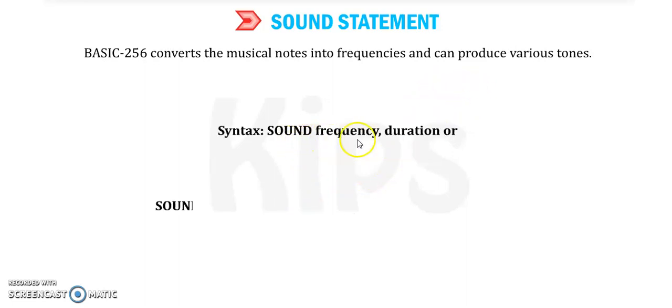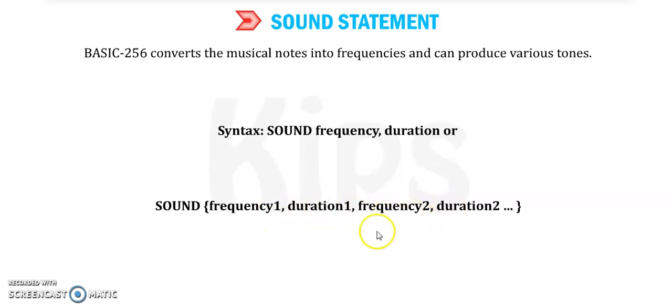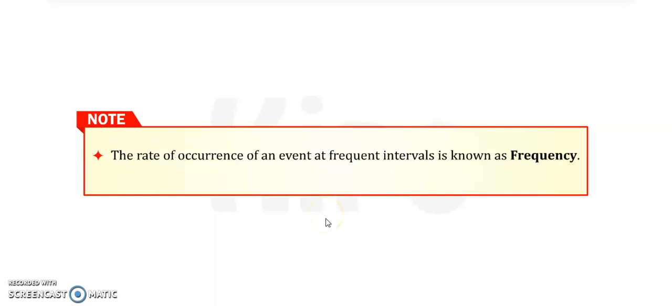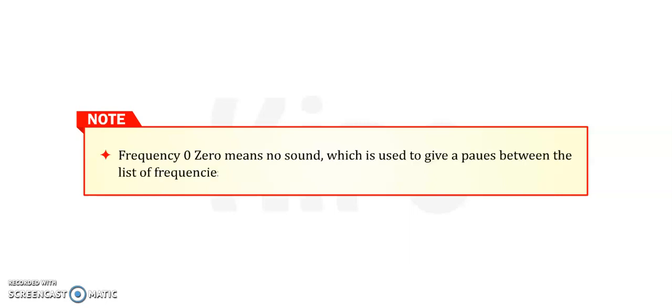The syntax is sound, then frequency, duration: frequency 1, duration 1, frequency 2, duration 2, like this. Another note for you: the rate of occurrence of an event at frequent intervals is known as frequency. It is measured in a unit called hertz, Hz. Frequency 0 means no sound, which is used to give a pause between the list of frequencies.